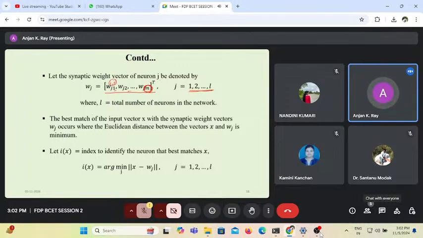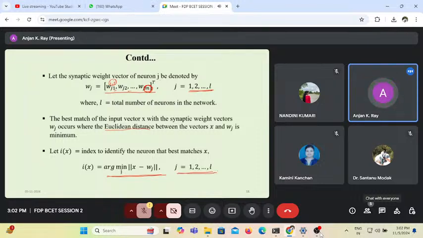The best match of input vector x with the synaptic weight vector wj occurs when the Euclidean distance between the vector x and wj is the minimum. So mathematically, i(x), the index to identify the neuron that best matches x, is the minimum of this calculation over all neurons.